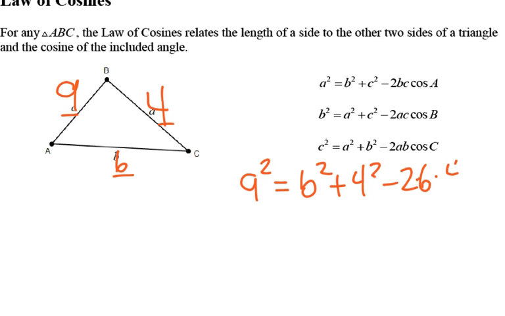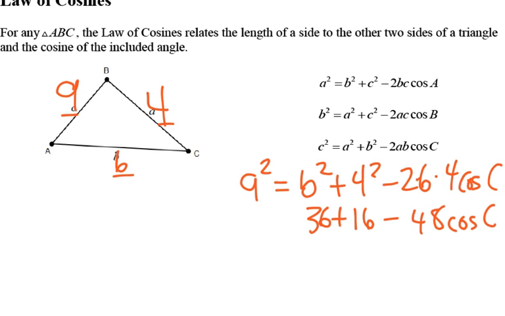Those are multiplying. And then cosine of c. So then we solve. So 16, 36 minus 48 cosine of c equals 81. So 36 minus 16 gives us 20. 81 minus 20.